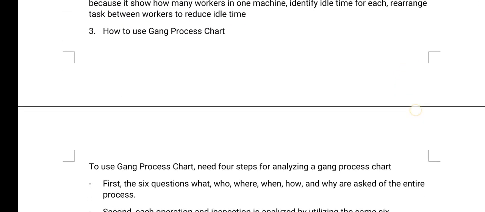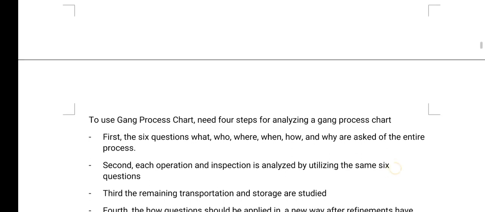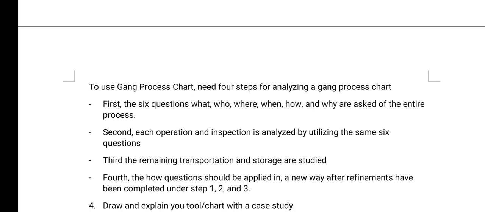So, how to use it? To use the gang process chart, all you need is just 4 steps for analyzing a gang process chart. The first step is that 6 questions of what, who, where, when, how, and why are asked for the entire process.